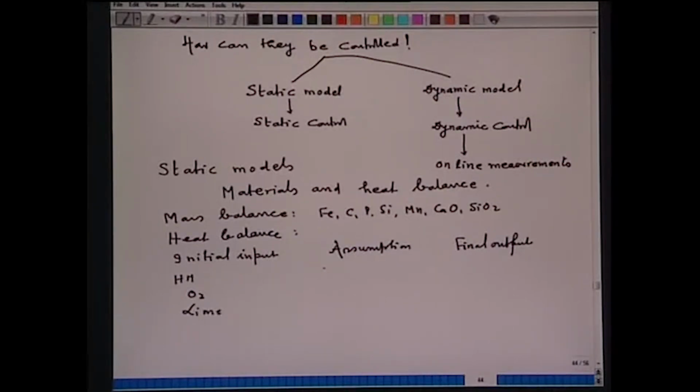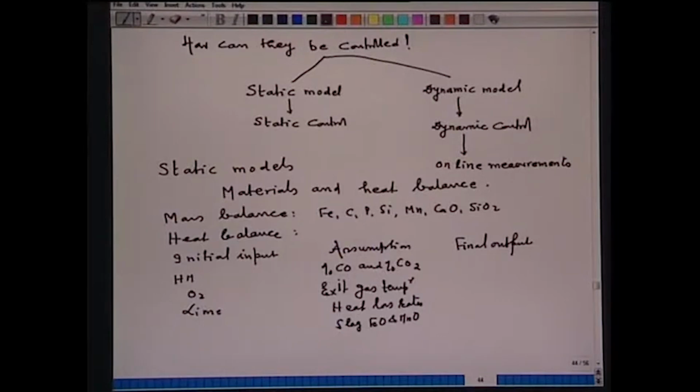Then you have to make certain assumptions, for example, the percentage CO and percentage CO2. What is the exit gas temperature that we have to feed for a static model, then heat loss rates, then what is the expected slag FeO and MnO at turn down as a function of calcium oxide or SiO2.